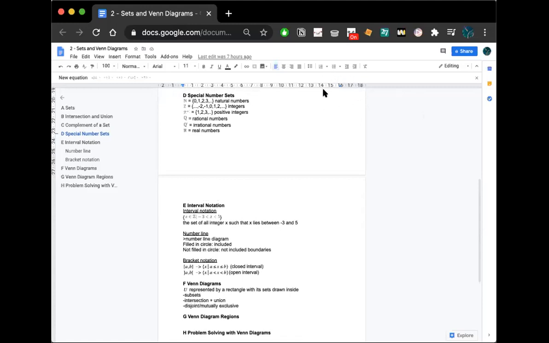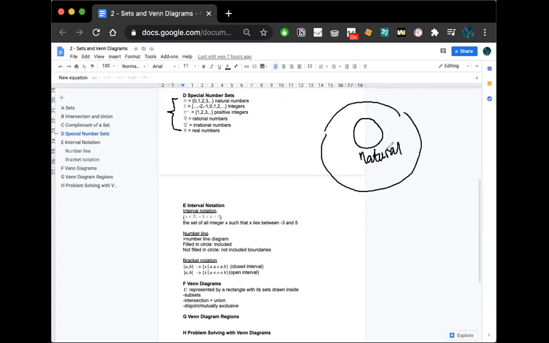I think in every course they have their own special number sets, but this one is the IB version of the number sets, and this is pretty much the same as the general one.